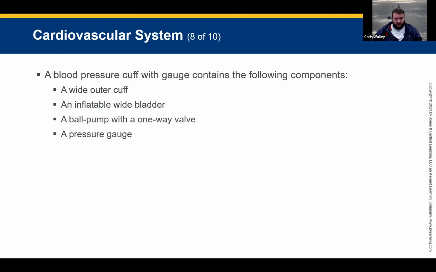Blood pressure cuff with gauge contains the following. Not to also know what the blood pressure's name is. It is a sphygmomanometer. Let me just type that because my spelling and pronunciation are not good.